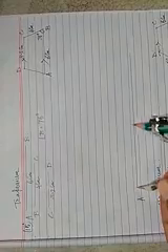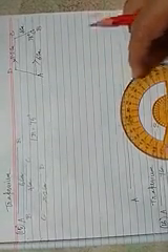Now with the measurement of AB 6 centimeter, taking A as a center, so this is the point B. Now draw an angle 75 degree at the point B. Here it is not mentioned that the angle 70 degree is drawn without protractor, so I use protractor.